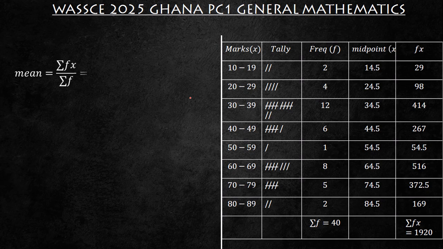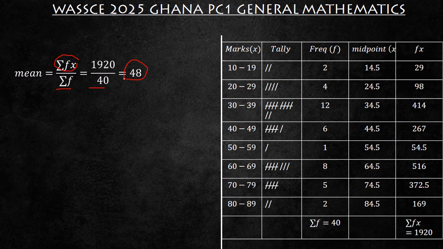The mean is equal to the summation of fx over the summation of f. The summation fx is 1920 and the summation f is 40. When we divide this, we get a final result of 48. So therefore, the mean of the distribution is 48.